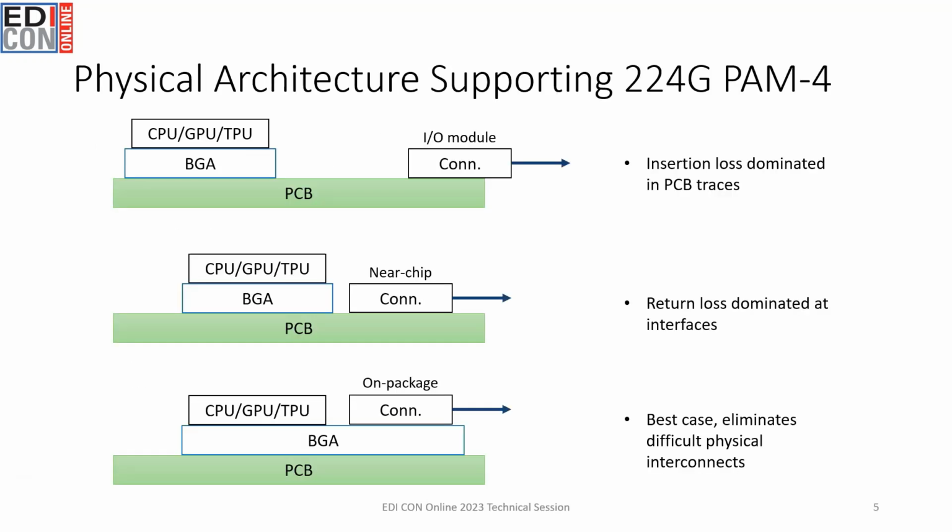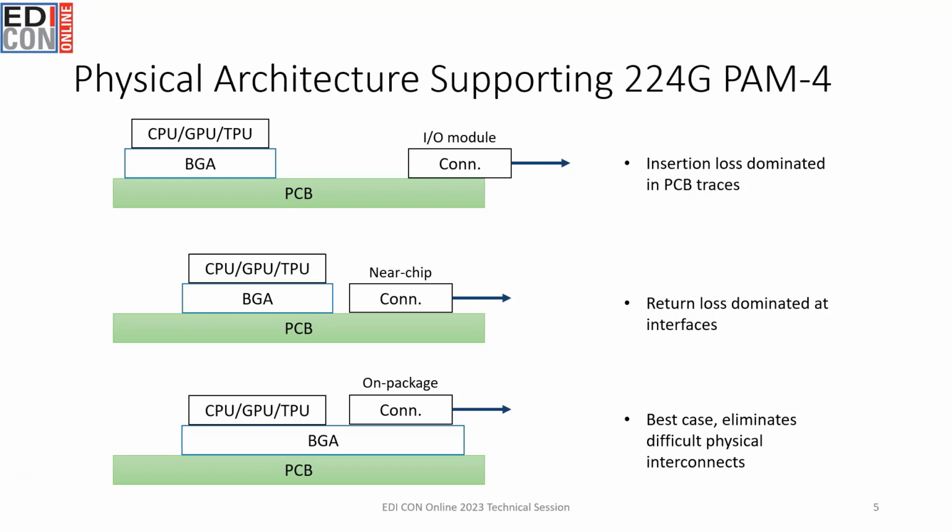So the physical architecture supporting 224G PAM4 channels, there are 3 options, and I've shown these 3 options here. So in the top, we have what is, I guess you could say, closely resembling the traditional architecture, where you have a BGA with a processor that's placed onto a PCB, and then there's an I/O connector module on the right side of the board.